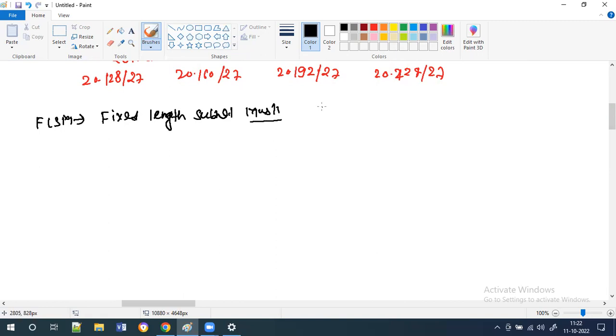So we cannot waste that much IP address. Then what is the solution? Solution is, this is the problem. This is the problem into the subnetting, and this comes under the fixed length subnet mask.